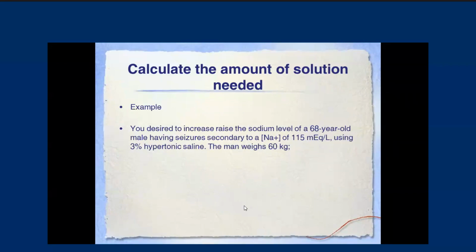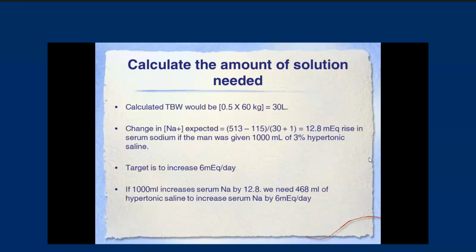Based on our formula earlier, first we will calculate the total body water, which is 0.5, because this is an elderly patient, times 60 kg, which will be 30 liters.